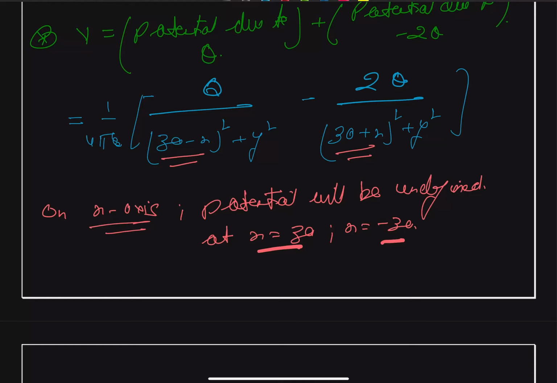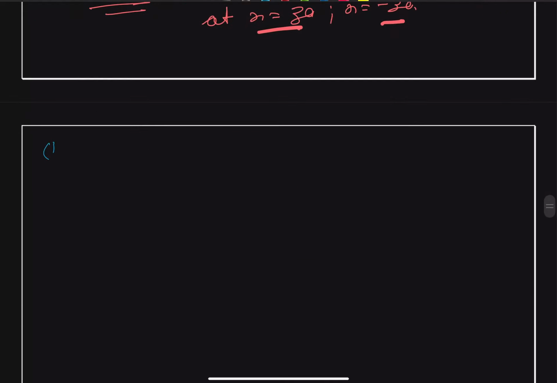Okay. Therefore, first, let us consider that our x is greater than minus 3a but less than plus 3a. And on the x-axis we need to find out, so we can say for the x-axis our y coordinate will obviously be equal to 0.